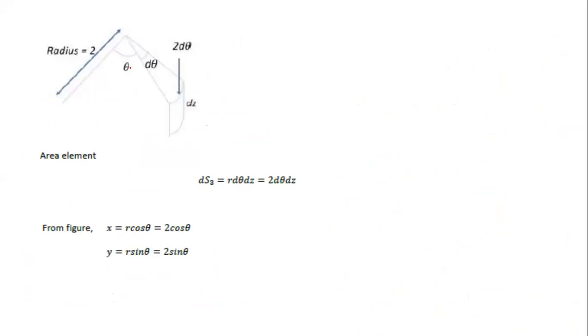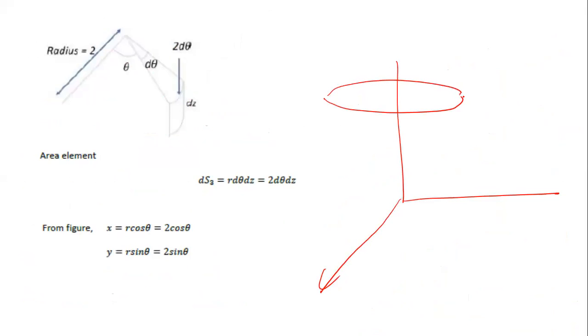So this is your dz, and let me redraw it again because I have made that picture very messy. I think I have drawn this cylinder probably for the 4th or 5th time, I don't remember. So anyway, we are going to consider some surface here on the curved surface.